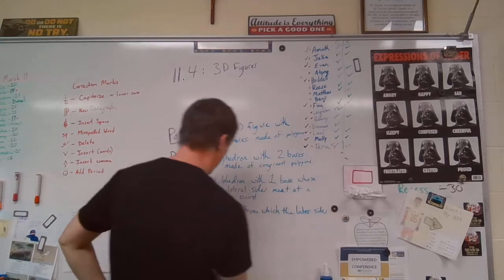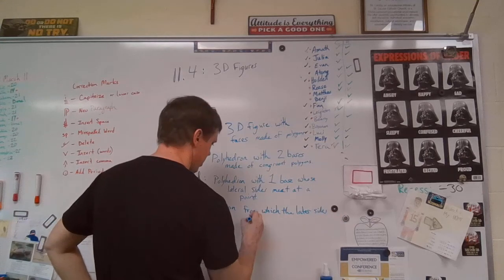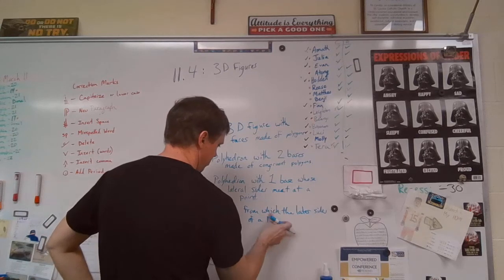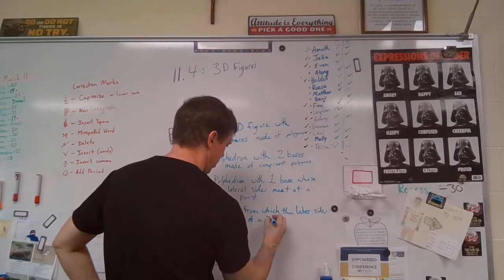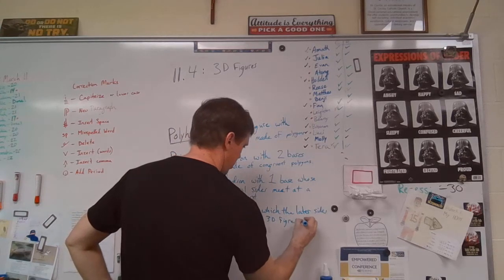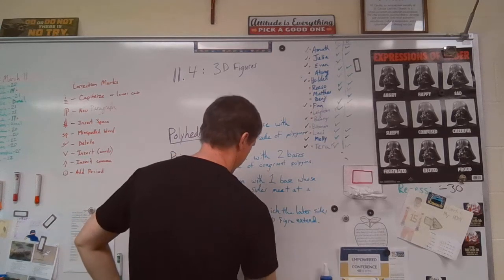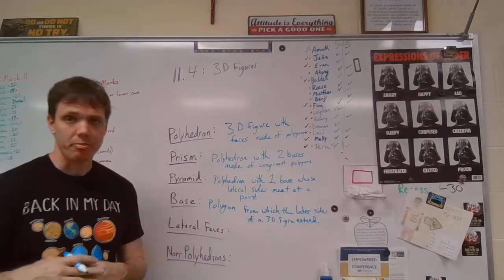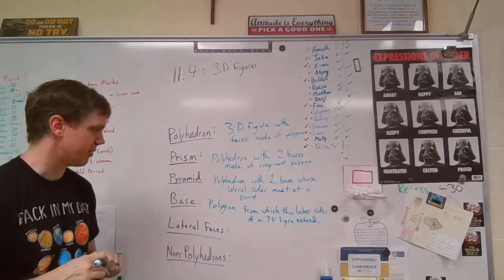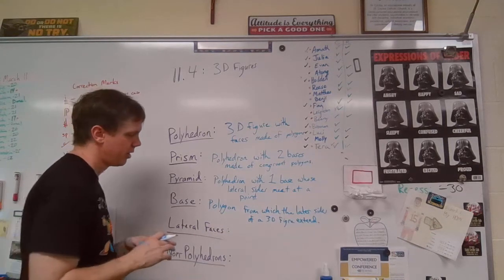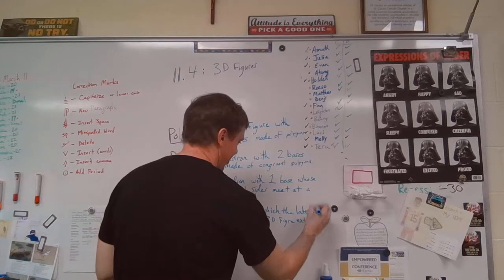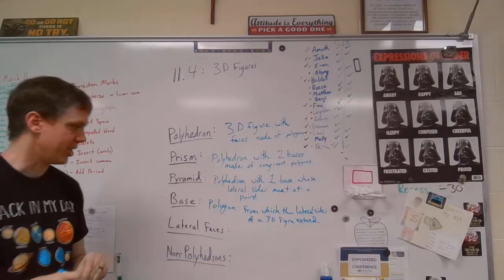Let's say it's a polygon from which the lateral sides of a, really it should be a 3D figure. Not sure if that's the best definition, but that's basically what it is, right? It's a polygon from which the lateral sides of a 3D figure extend.